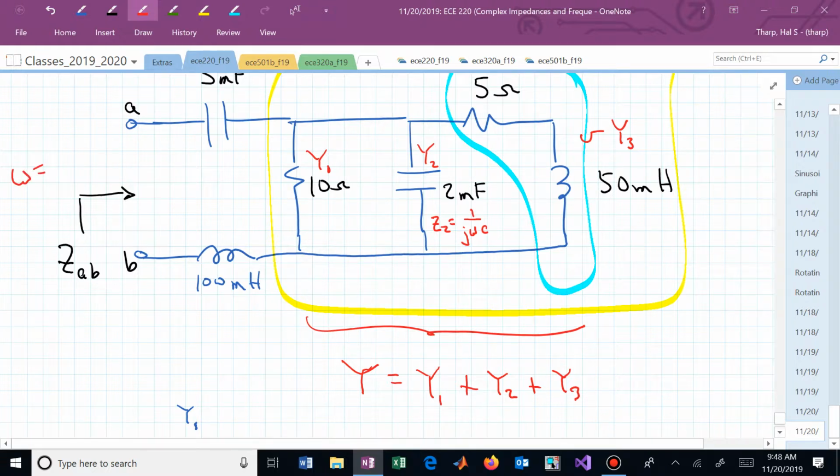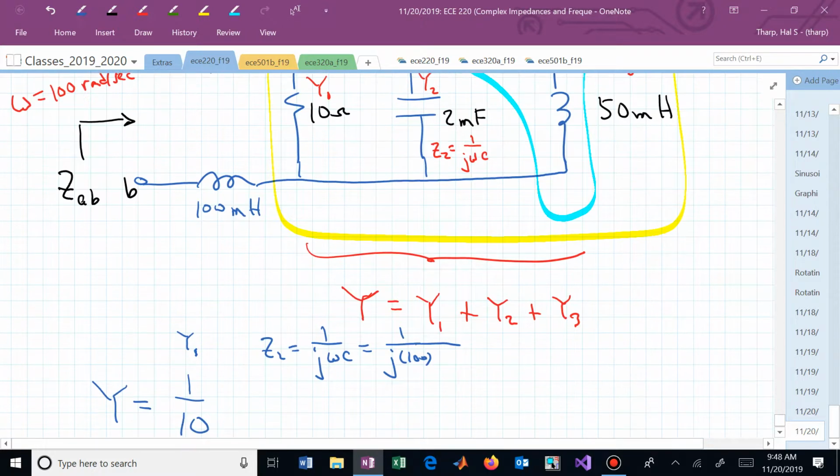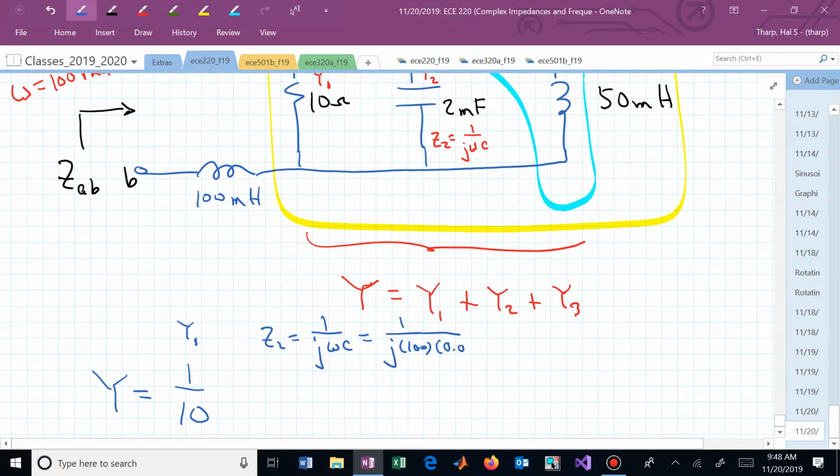We now have to be told how it is oscillating. Let's now assume that omega is 100 radians per second. So that now Z sub 2 was 1 over J omega C, 1 over J, this was 100, and what was the C? The C was 0.002.